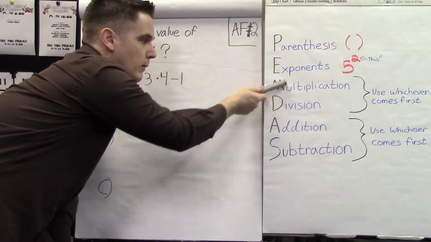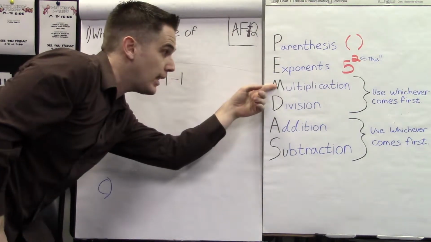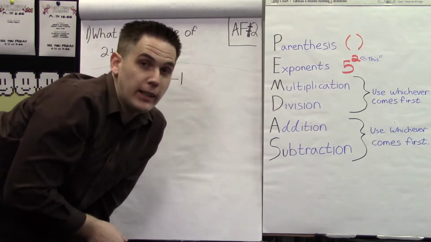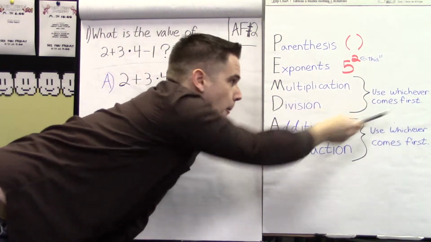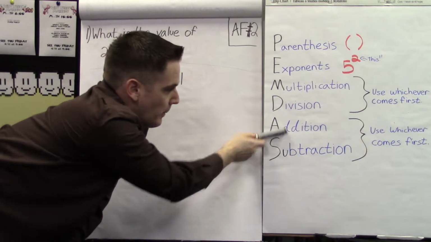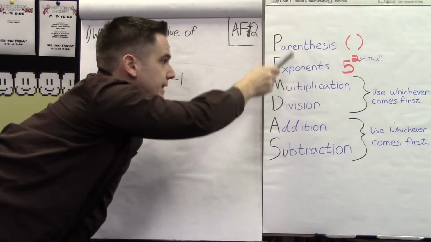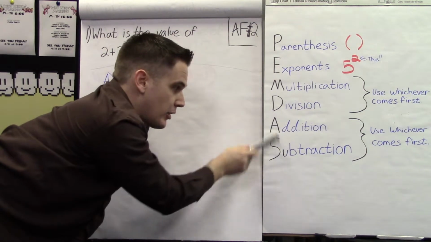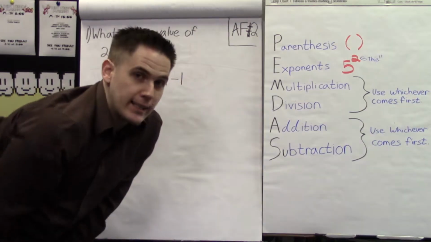Now multiplication, division, even though I wrote multiplication up top, division can come before. Use whichever comes first as you're reading the problem left to right. Same thing with addition and subtraction. If you've done this, and all that's left finally is just addition and subtraction, that's the last thing you do.